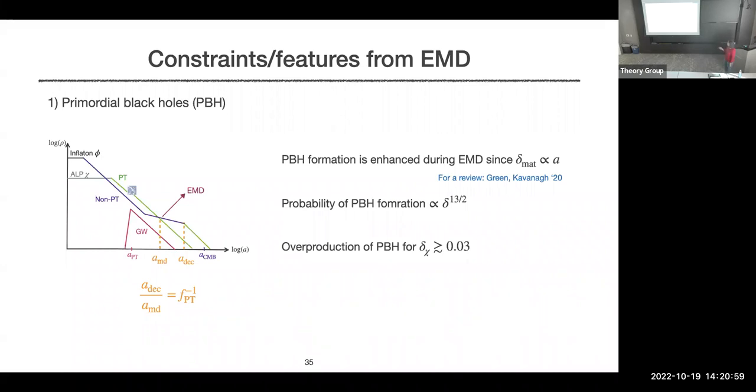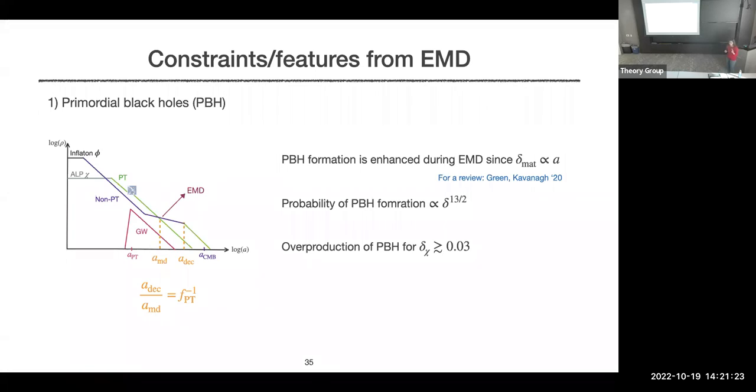In this model we have a period where the fluctuations are large, delta chi is large, and we have early matter domination in which the matter perturbations grow linearly. So one can wonder what the constraints on this kind of model are, and one has to do a proper analysis of what is happening to the subhorizon fluctuations.